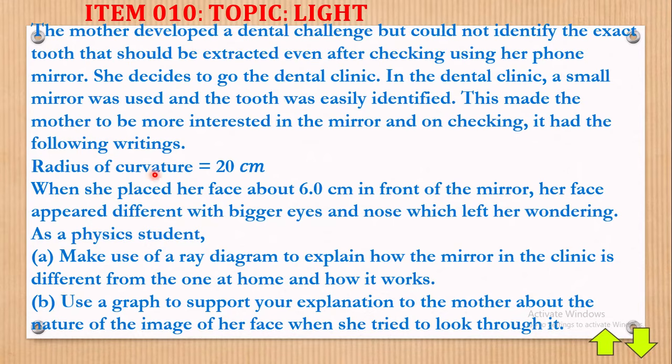By saying radius of curvature, it means we are dealing with a curved mirror. Radius of curvature 20 centimeters. When she placed her face about 6.0 centimeters in front of the mirror, her face appeared different, with bigger eyes and nose, which left her wondering.